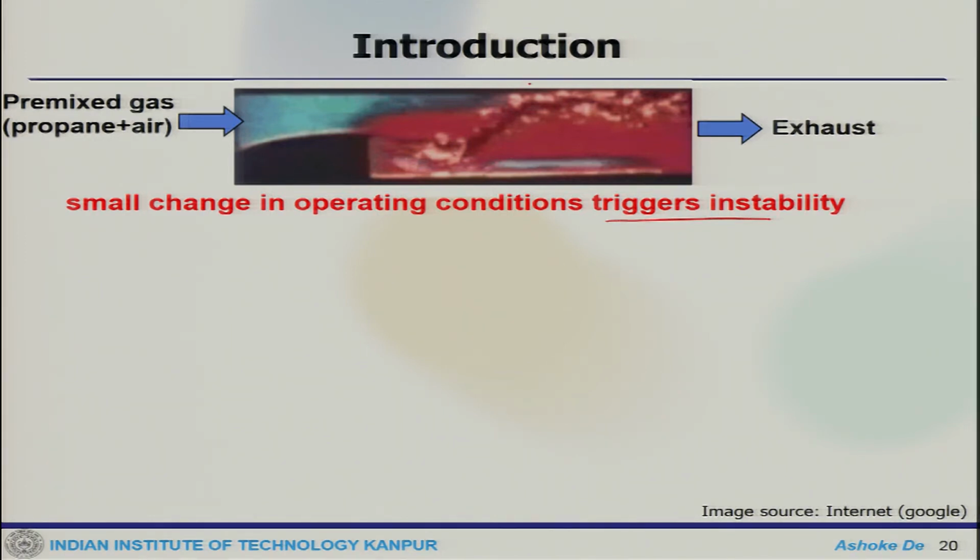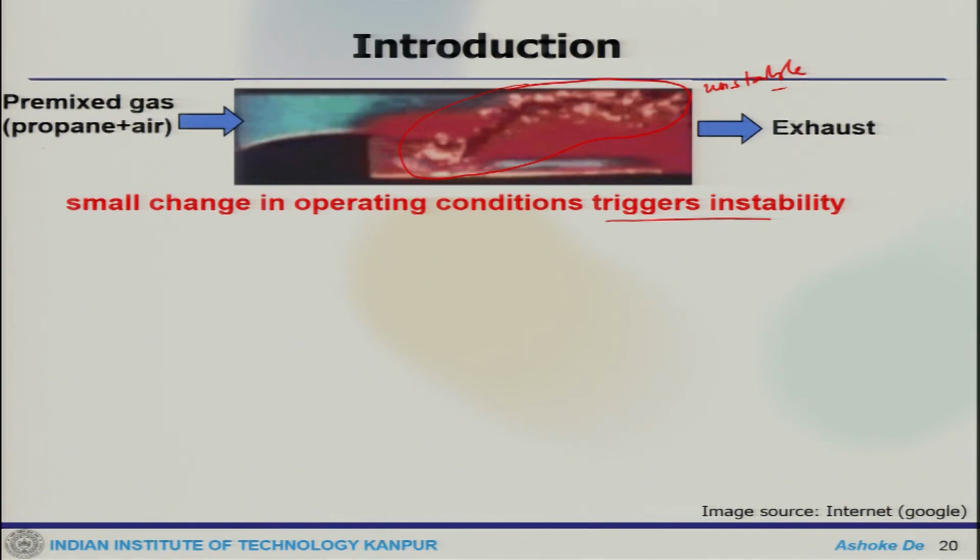Previously it was a nice stable structure, now you see this is quite an unstable structure. And how does it happen? It happens because somebody might have tickled the upstream condition.